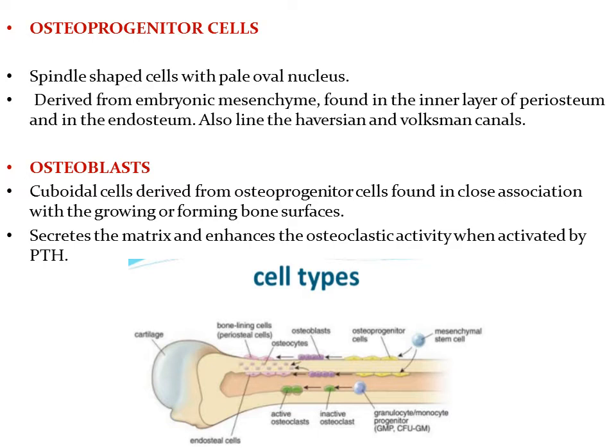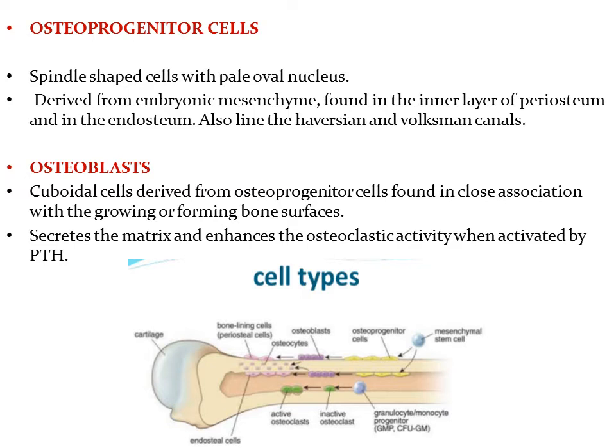The osteoblasts possess receptors for parathyroid hormone on their cell membrane. When activated by the parathyroid hormone, the osteoblasts secrete a cytokine that is an important stimulator of osteoclastic activity.